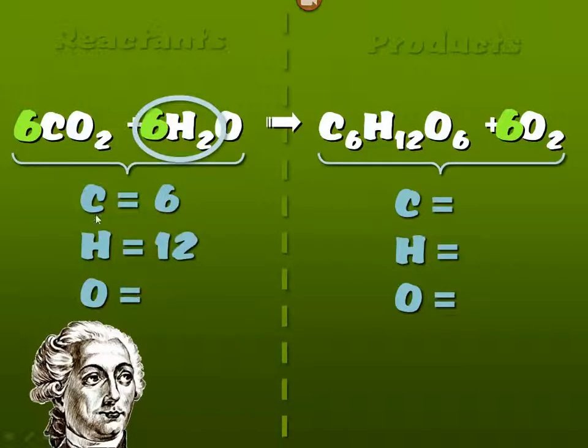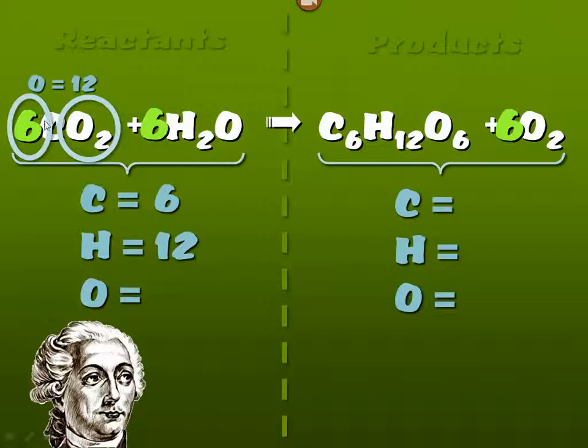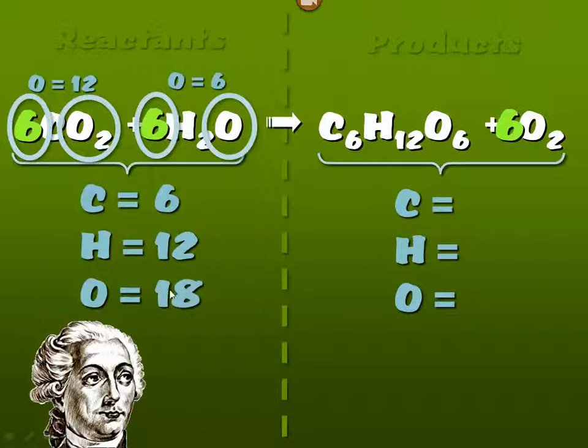And for oxygens, you'd have to say, okay, we've got 6 pairs of oxygen, so there's 12 oxygens here in the carbon dioxide molecules, and 6 times 1 over here, which would give you 6 oxygen atoms in the water molecules. So a total of 12 plus 6 gives you a total of 18 oxygens.